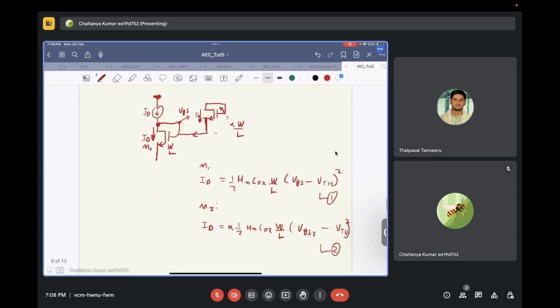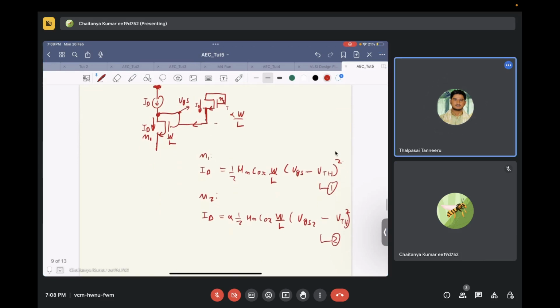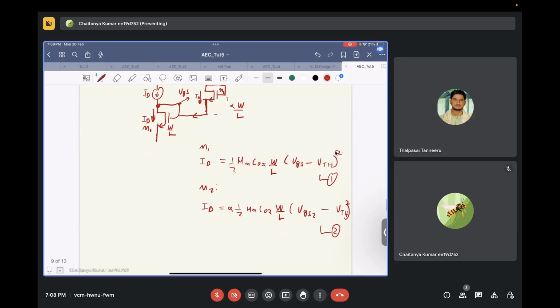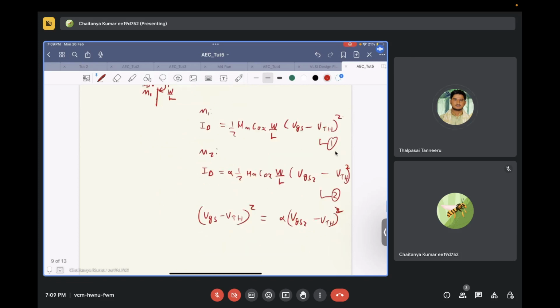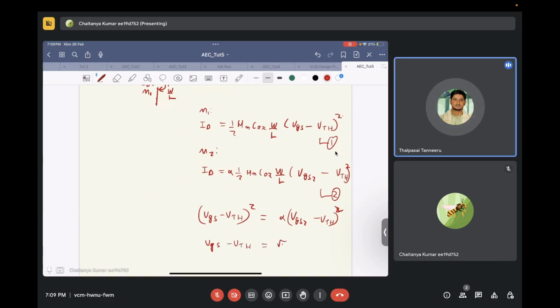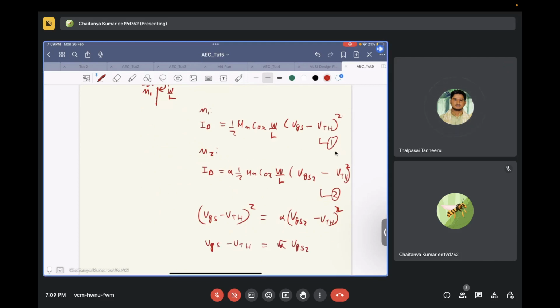Yes, sir. Now if you equate these two equations, what you get is VGS minus VTH whole squared is equal to alpha times VGS2 minus VTH whole squared. Okay, so now you have VGS minus VTH is equal to square root of alpha VGS2 minus square root of alpha VTH.